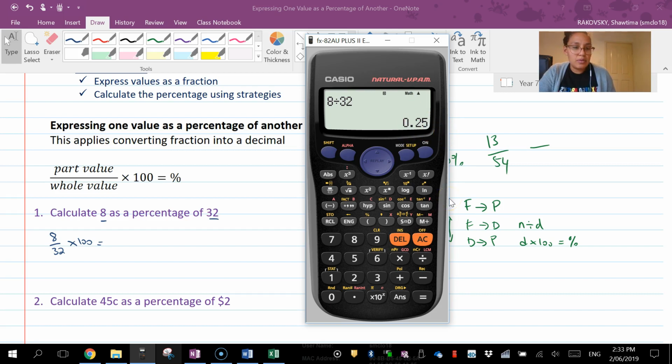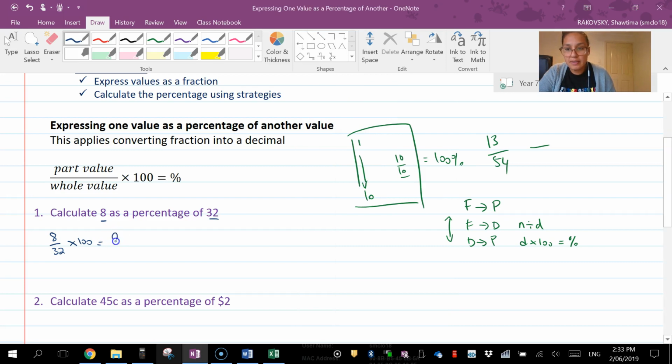So I did numerator divided by denominator, and now I'm going to multiply it by 100. I don't have to show you on the calculator, but it's going to be 2 decimal places to the right because we're multiplying. So therefore my answer is going to be 25, don't forget the percentage symbol, 25%.